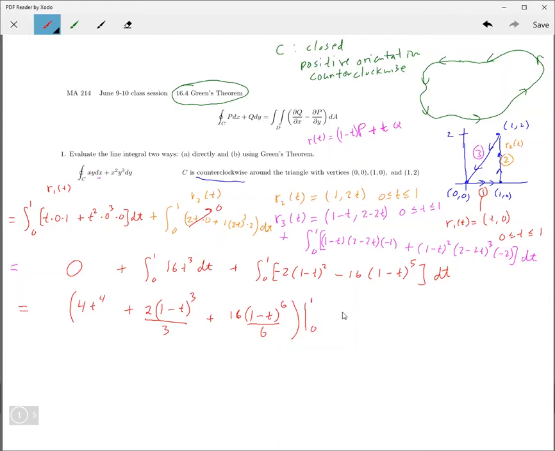And so you're going to evaluate that from 0 to 1. Putting a 1 in, you get 4, and then those are both 0. Putting a 0 in, you get minus 2/3, and then minus 16/6, which is 8/3, which turns out to be, in the end, 2/3.